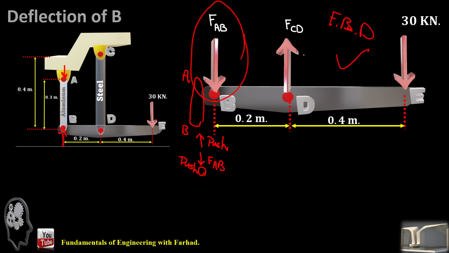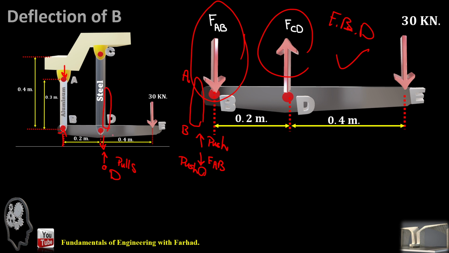Vice versa, if FCD is a tensile force, so if this is the pin at D and there is a force which pulls the pin upward, the same reaction applies to the bar.